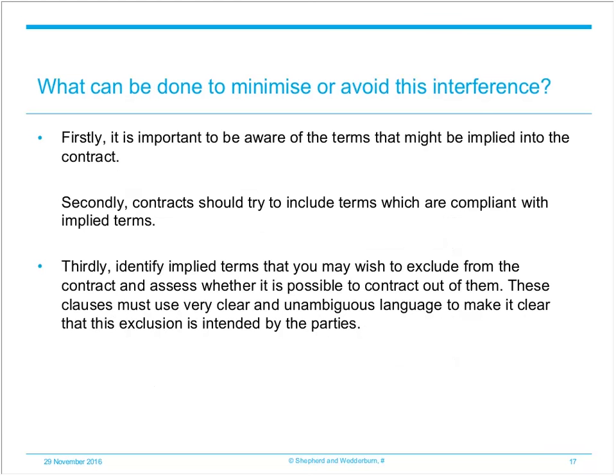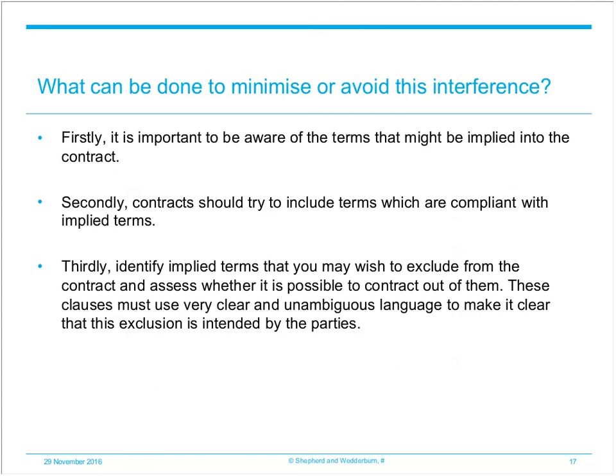So finally, ultimately, there are limitations on how contracts can mitigate interference by implied terms, but the sorts of steps that can be taken to minimise the impact of this interference are, firstly, be aware of the sorts of terms that might be implied into the contract. Secondly, avoid express terms which are not compliant or not likely to be compliant with those likely implied terms.